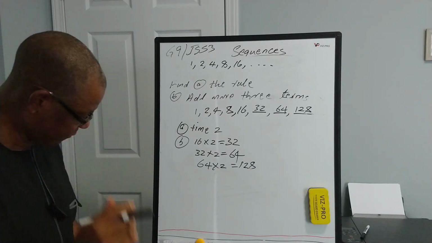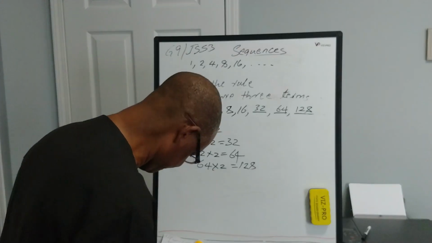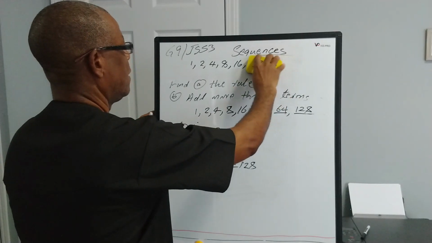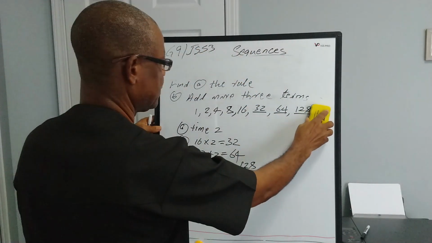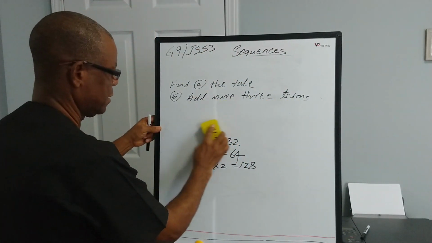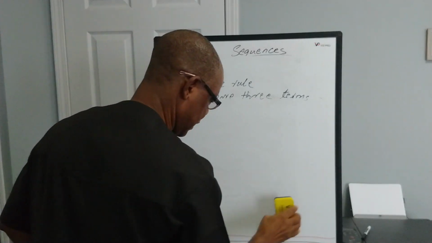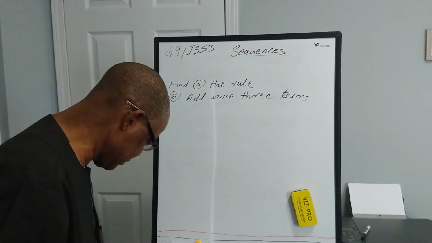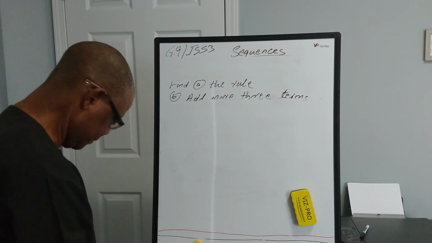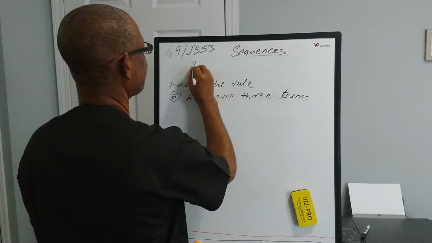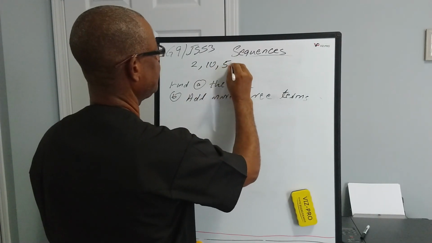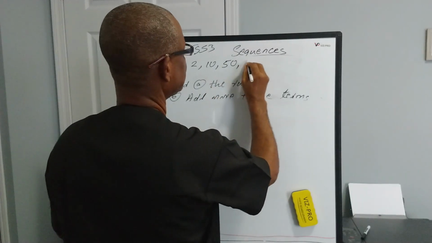Let us have another example to this effect that will involve multiplication. This time around, it's not addition as we had previously. Let's have this sequence: 2, 10, 50, 250.